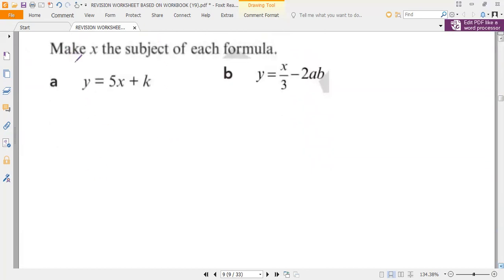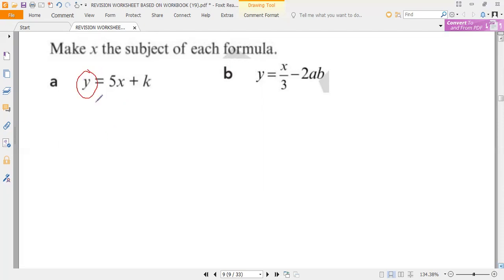Okay. Next question is changing the subject of a formula. So there are two questions here, but the first one is extremely easy. Y equals to 5x plus k. So generally, students, you make mistakes. I ask to maintain the subject in that place first. You don't have to change the subject, the new subject, to another place simply, unless it's really important. So in this case, if you notice, Y is alone now.